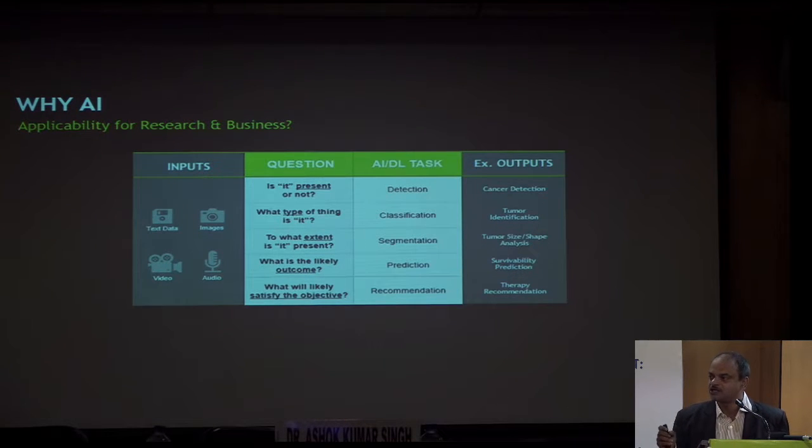Because once the neural network is trained to do this, it just gets that job done with the new data which is being given to it. Your next attempt, once you've done this, is to identify the type, then you look at segmenting it, then you look at a prediction. And in the case of cancer, after you identified the size and shape of the tumor, it will be what is the mortality of this particular person, and then you move into a recommendation mode.